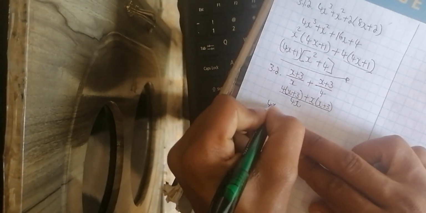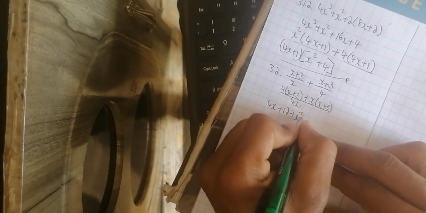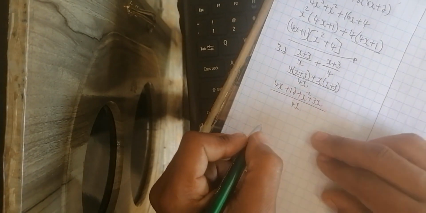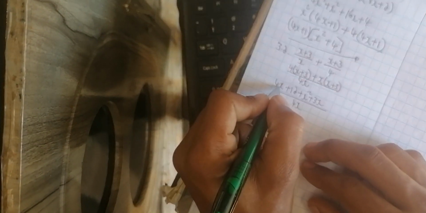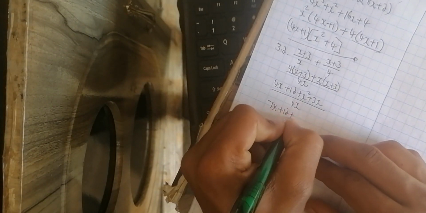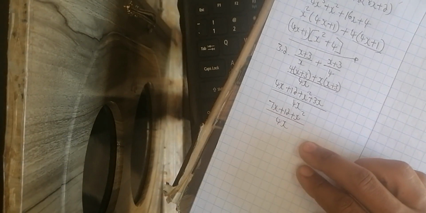Multiply out: 4x plus 12 plus x squared plus 3x. 4x plus 3x, 7x plus 12 plus x squared over 4x.